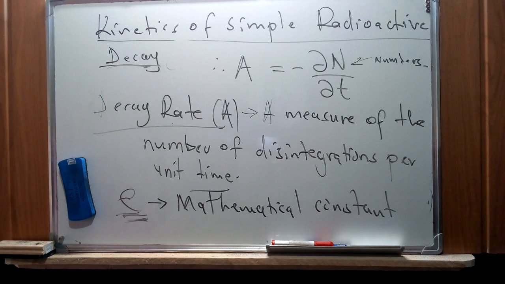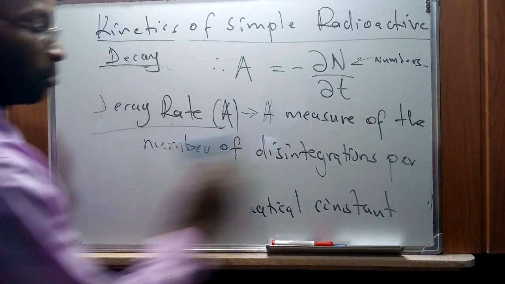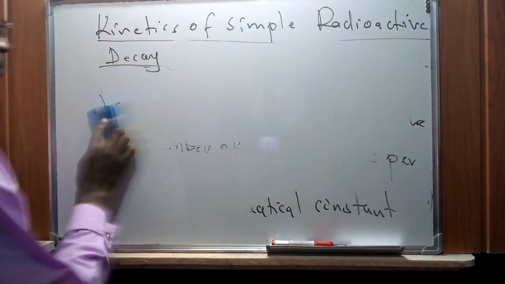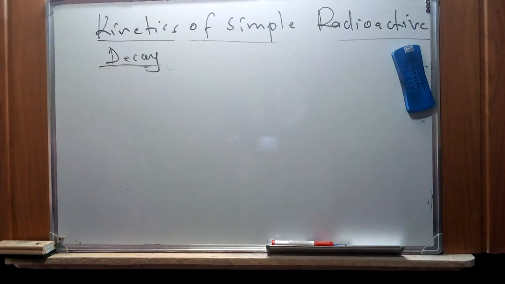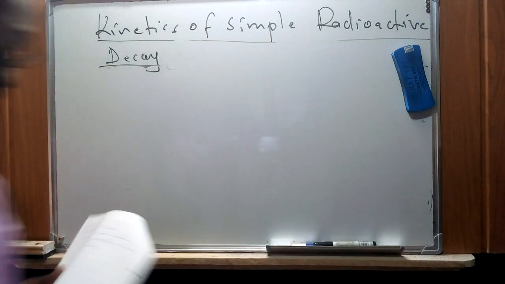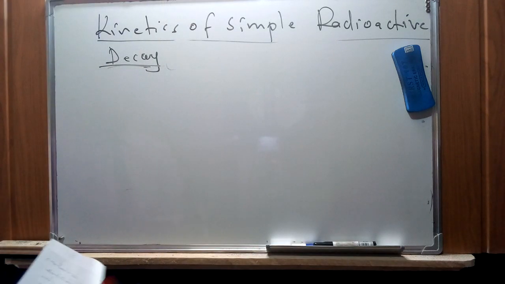So I'm going to illustrate what this entails in a recap so that you can use it appropriately. As I've said, the letter e basically is a mathematical constant.